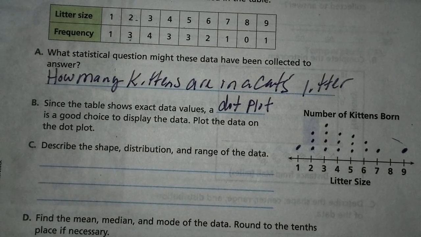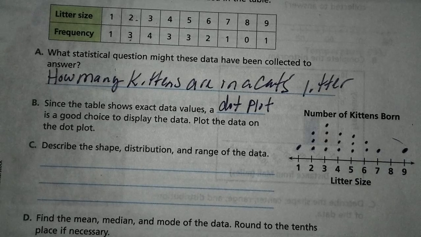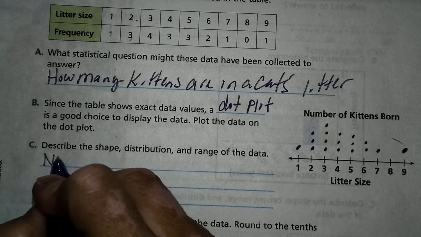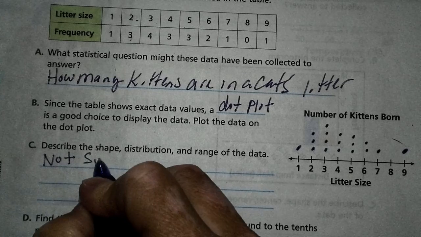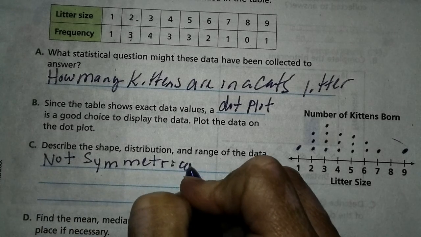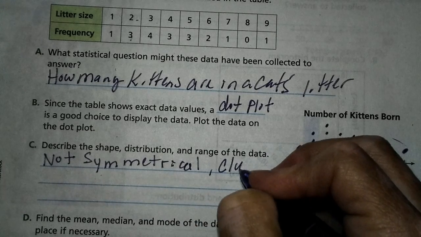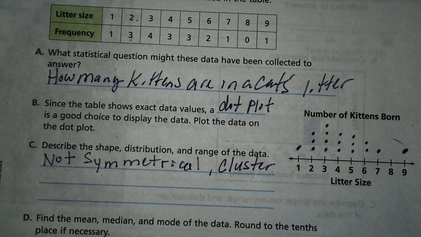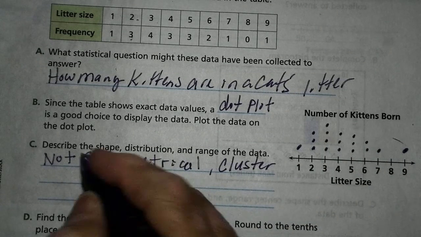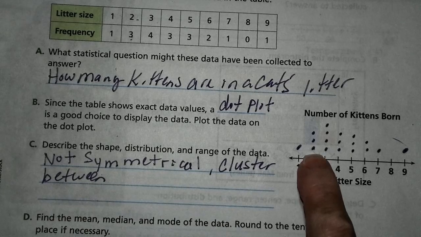So describe the shape, the distribution, and the range of the data. Because of this outlier here, we're going to say that the graph is not symmetric. Okay, there is a cluster between 2 and 5.